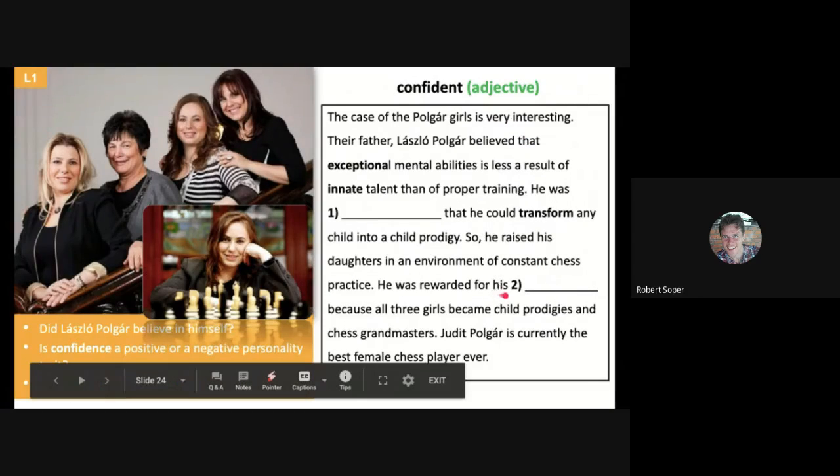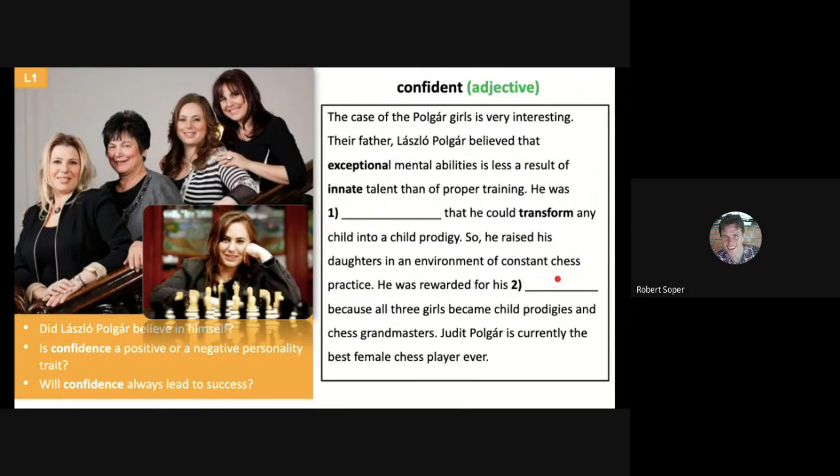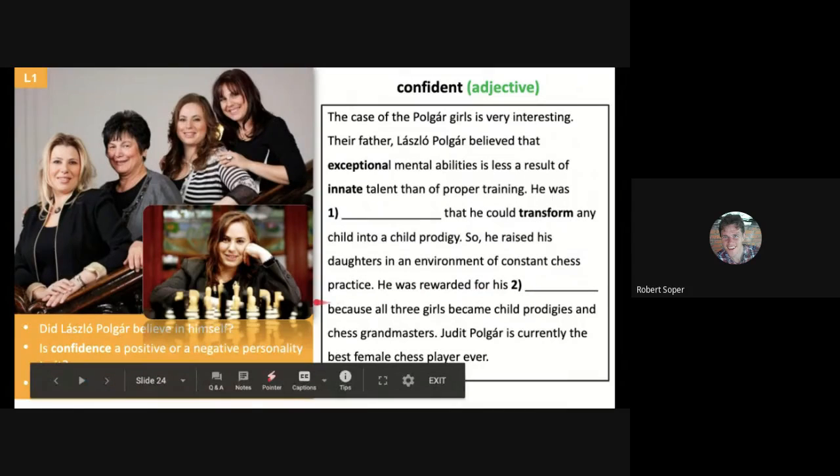Well, there was a kind of clue because we had the possessive pronoun here, and there was no noun here, so the noun had to be here. If you have a possessive pronoun, it's going to own another noun. So we're going to need a noun here. If you see a space where it's followed by a noun, sometimes this might be an adjective, but we didn't have that here. So we know this has to be a noun. So he was rewarded for his confidence.